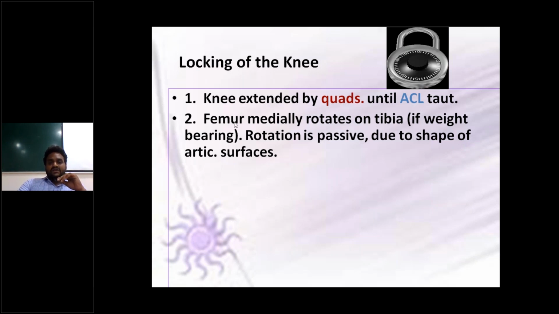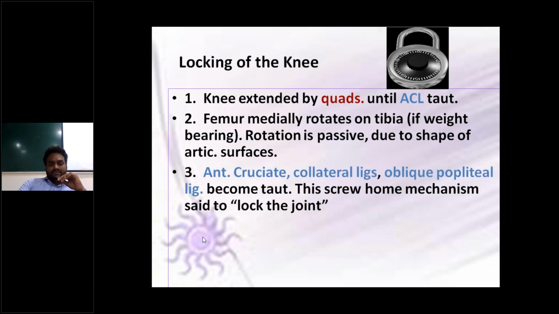In the locking method, you have to identify the medial rotation of the femur on the tibia. That is the second step. And number 3, the anterior cruciate and collateral ligaments, that is the tibial collateral ligament, the fibular collateral ligament, and the oblique popliteal ligament, become taut, and this screw home mechanism sets to lock the knee joint.